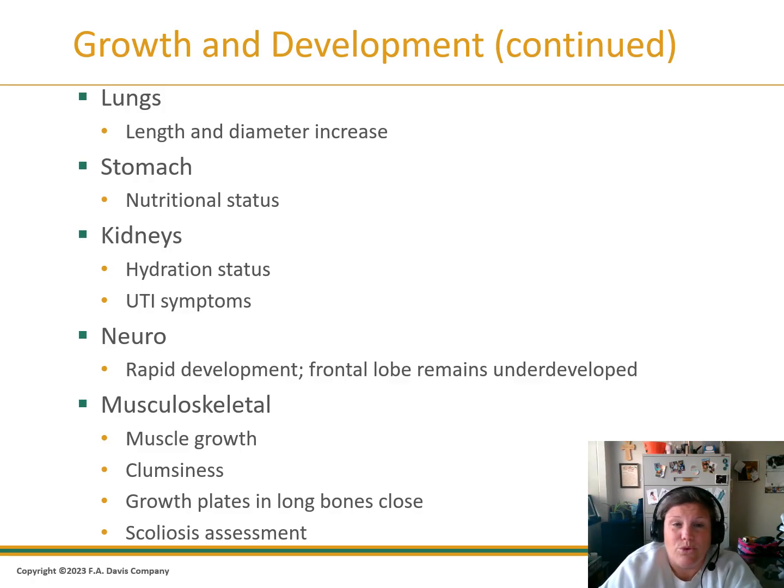Something else that you could watch for would be Russell's sign, which is knuckle abrasions that occur from the frequent inducing of vomiting. So sticking the fingers down the throat to try to throw up, which is typical of the eating disorder bulimia.